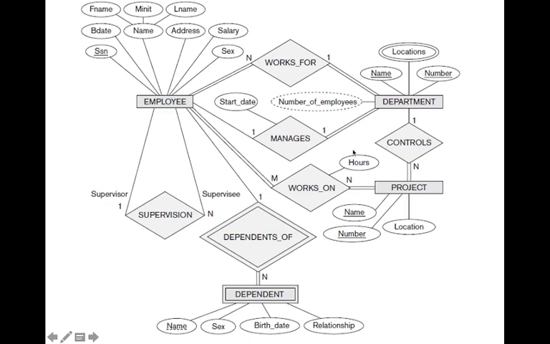So additionally we will include this Hours also in this table. So this will form a new relation S. We call it Works On, and the combination of these two attributes, ESSN comma P number, this combination will be the primary key of this table.